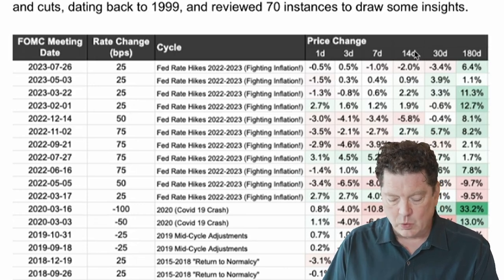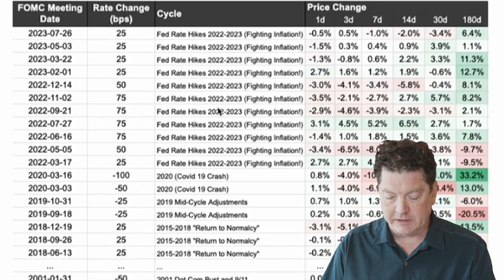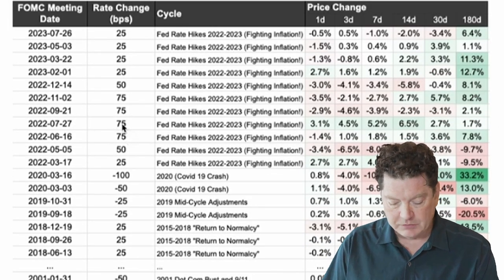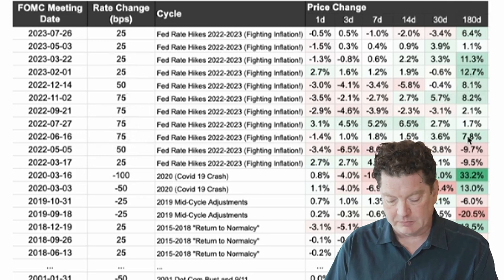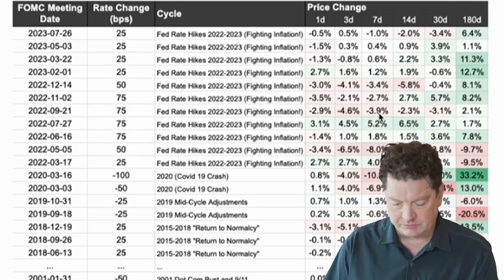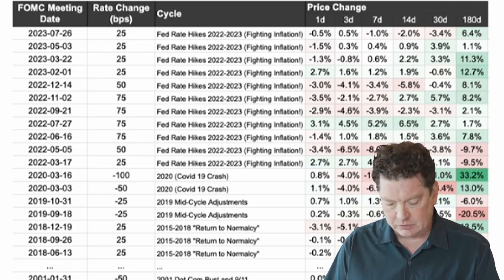And then what the S&P did afterwards, whether it's 1 day, 2 weeks, or 6 months. What you see is that generally with rate hikes, in other words, increasing by 25 basis points, 75 basis points, there was a bias upward over 6 months. The shorter term was pretty random. Sometimes it was up, sometimes it was down.